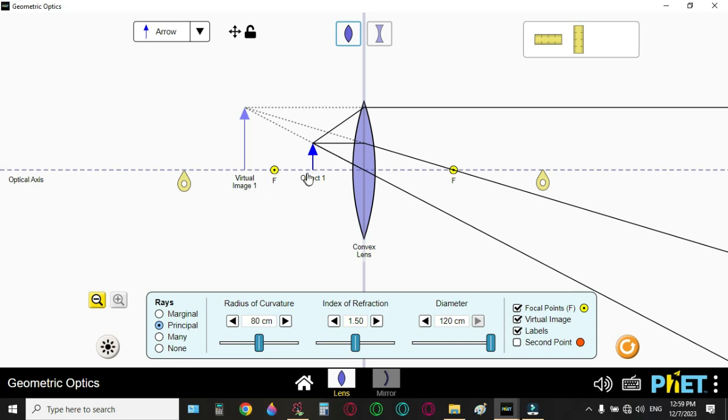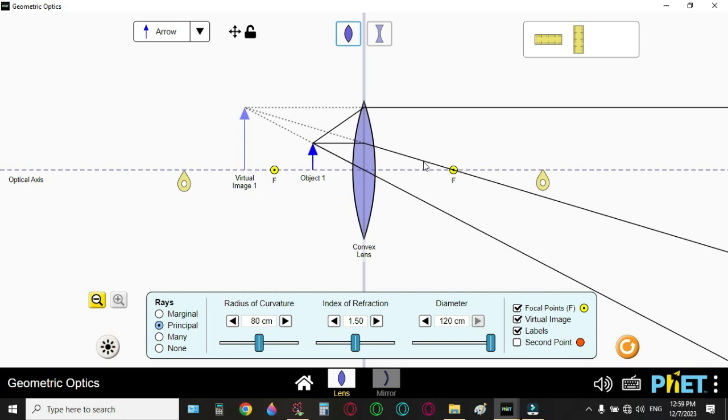So this is the object. The first ray is this. It refracts through the focal point, refracts on the other side of the lens, passing through the focal point. And then the second ray is simply drawn straight from the head of the object, or of this arrow, towards the vertex.